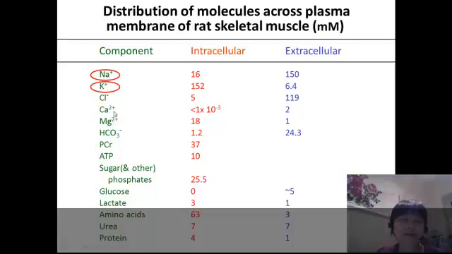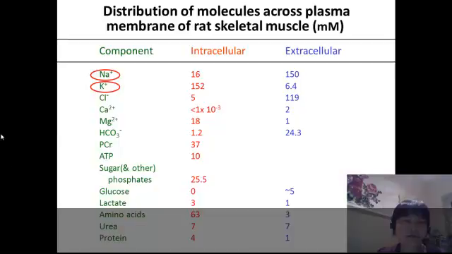So calcium is a very important second messenger. And after the action potential, after muscle contraction, the ions need to be restored to their resting status, and that is where membrane transport is very important, because it has the function to maintain those ionic concentrations.